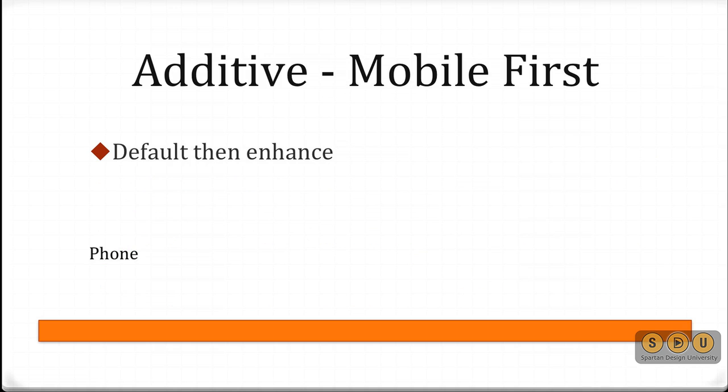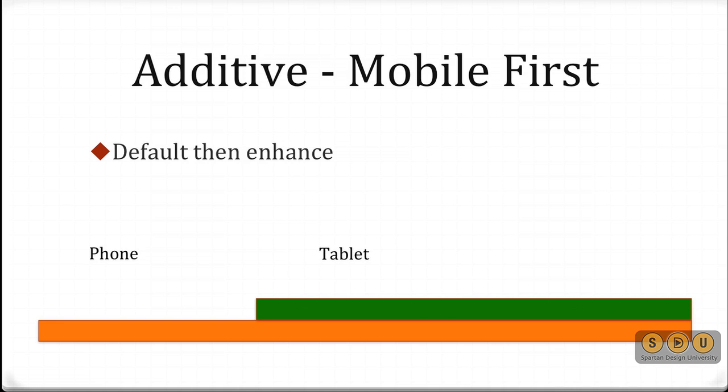Then there's the additive approach, or you probably heard it called the mobile first approach. You design for the phone first, and then you enhance. So our default CSS is going to be for the phone. So if you have a device that's really old and doesn't even understand anything about media queries, it's going to get the phone version.